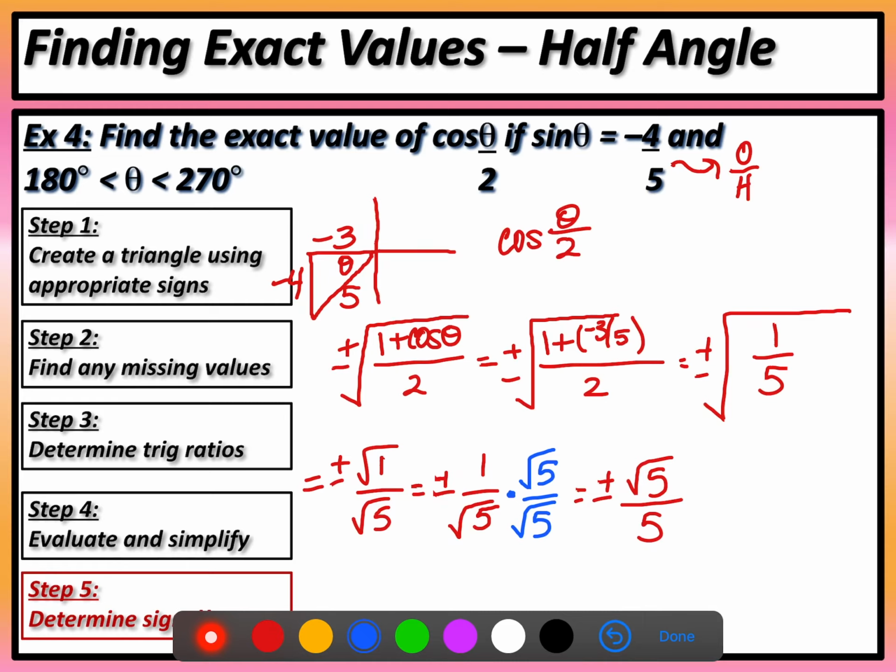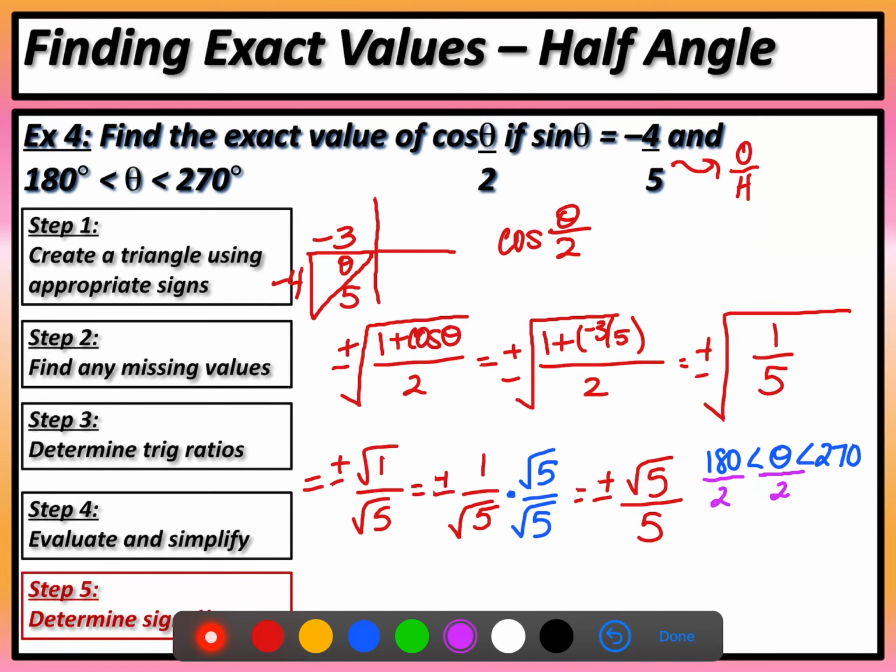And now I have to determine if it's plus or minus. Theta over 2 is the original angle, and I need to know what quadrant that's in. Well, the only quadrant information that they gave me is where theta is. They said theta is in between 180 and 270. And I want to know, where is theta over 2?